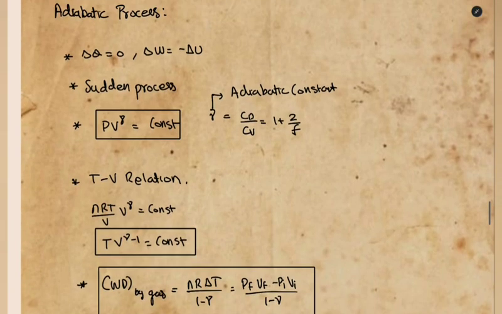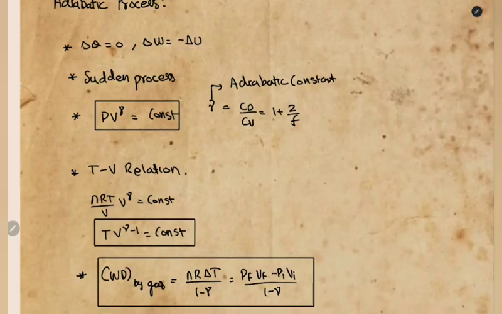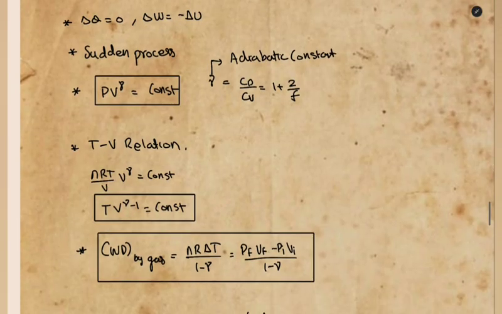And let's talk about the adiabatic process. The adiabatic process is the process where delta q is equal to 0. So when delta q is equal to 0 and you apply it in the first law of thermodynamics, you will get this equation. So this is a sudden process. PV to the power gamma is equal to constant. This is basically the adiabatic constant.